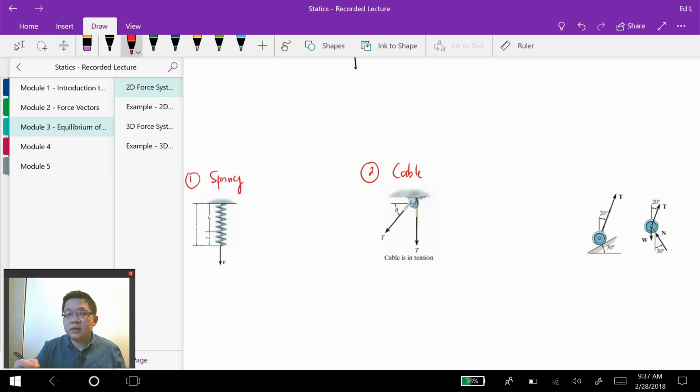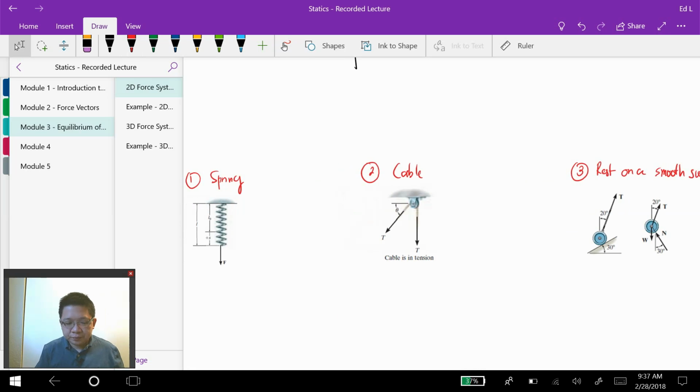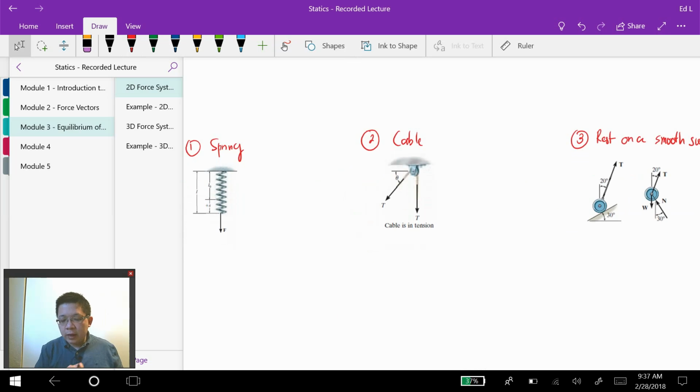And sometimes it can even just rest on a smooth surface such that there's no friction involved. So I believe you have encountered similar things when you learned physics. In here we will just try to review how to deal with these components.